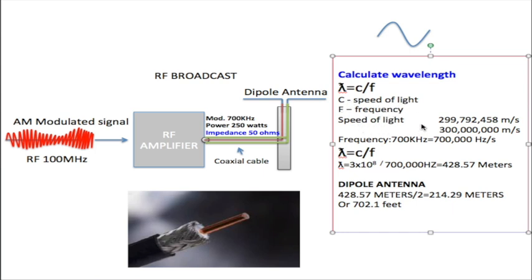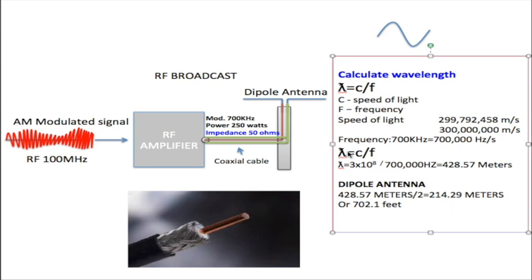Now the speed of light is equal to 299,792,458 meters per second. So we round that off to 300 million meters per second. Now the frequency is equal to 700 kilohertz, which is equal to 700,000 hertz.